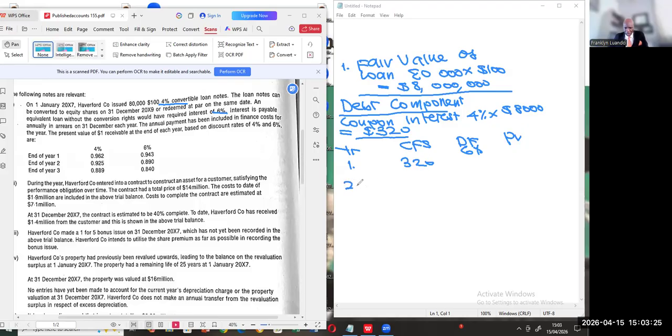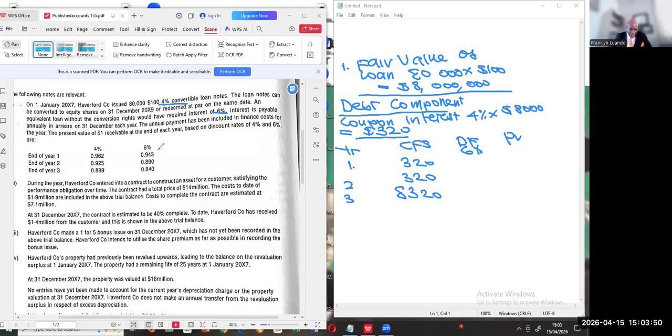Year two, 320. In the final year, there are two components, the interest plus the principal, 8,000 plus 320, which gives us 8,320.